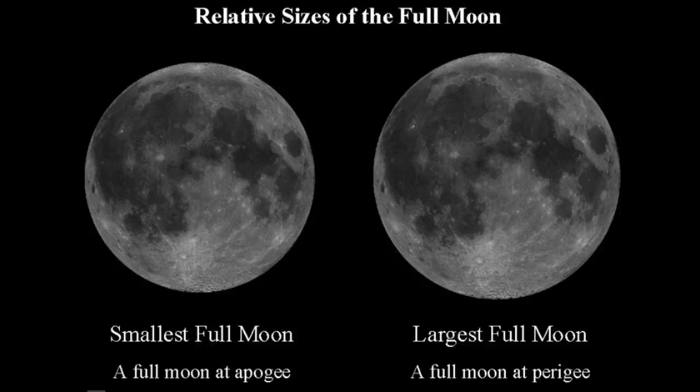So get those 2 things down. In fact, it varies by 13.3% of the average distance. Perigee, our closest approach, is 356,000 kilometers. Apogee, our farthest approach, is 407,000 kilometers.